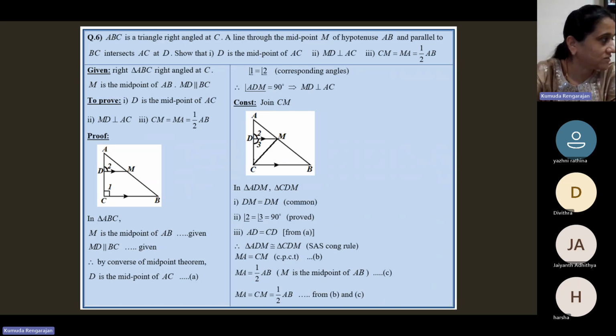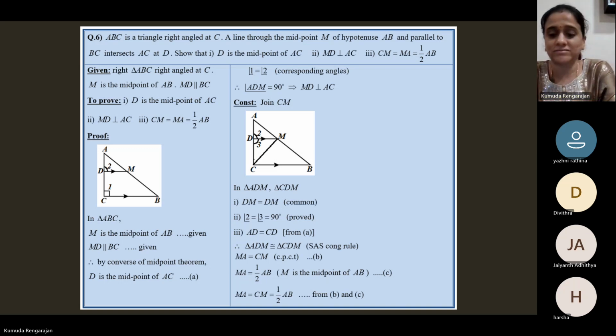You were writing all the way? I didn't mark it properly. Okay.